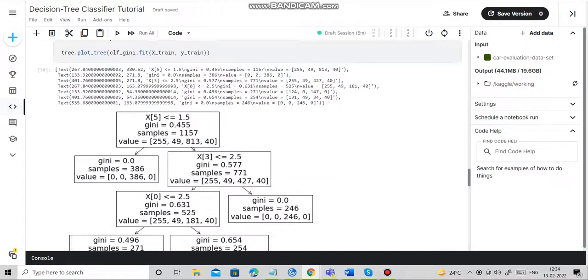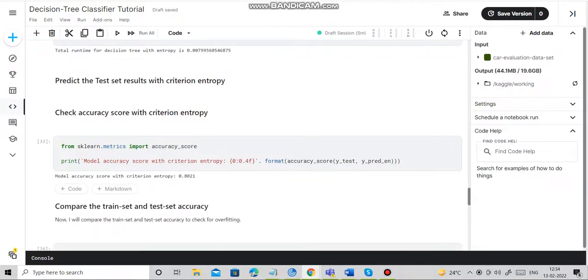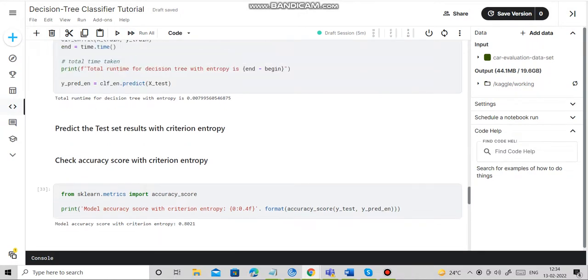As it is a small data set, the time difference is not much. But had it been a larger data set, it would have been a large difference. So Gini is faster than entropy overall. Again, we see the time is very similar. That's also 0.005, and over here it is also the same because it's a small data set.